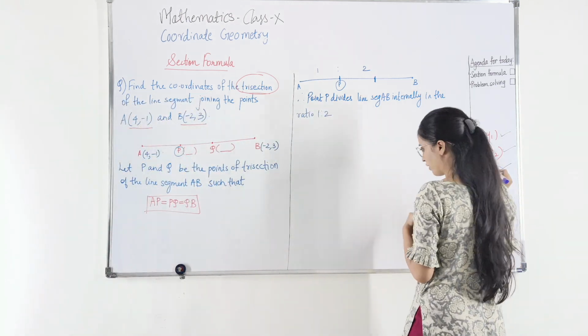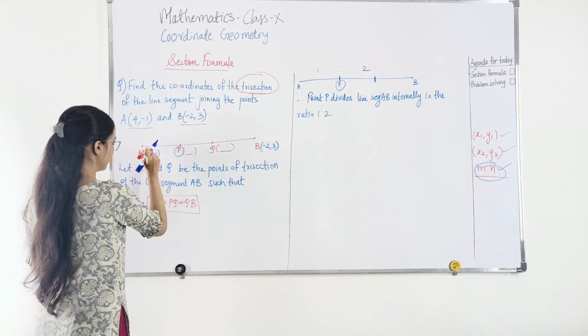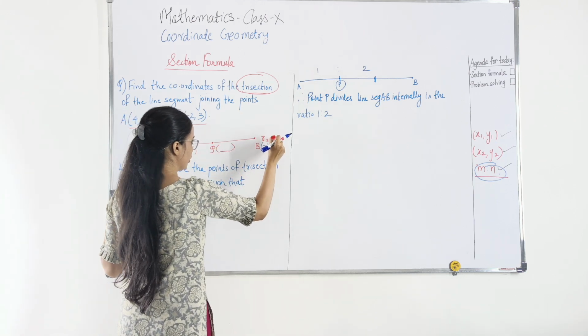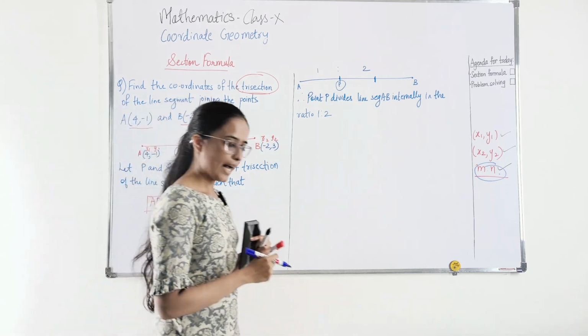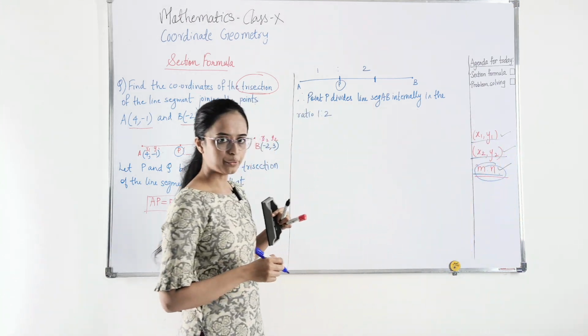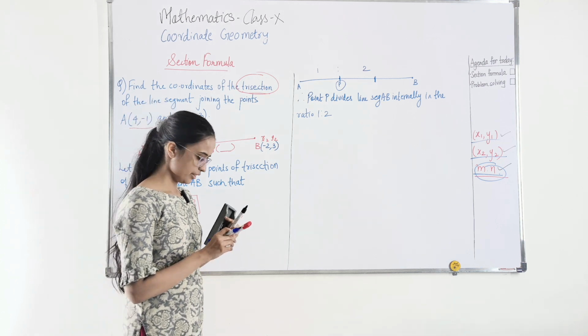So we got the value of m:n. We do have the values for x1, y1 and x2, y2, right? So I know what is the ratio, and I know the values for x1, y1, x2, y2. So can I get the coordinates for point P using the section formula? Yes.